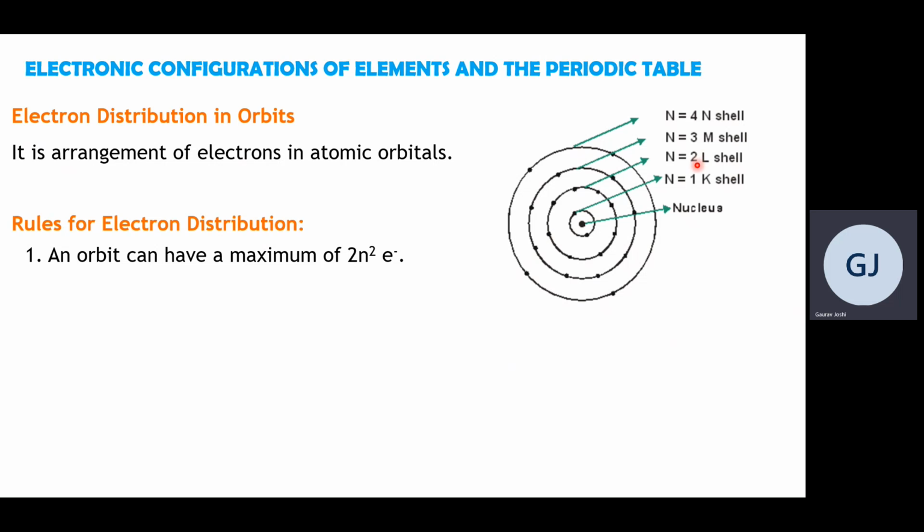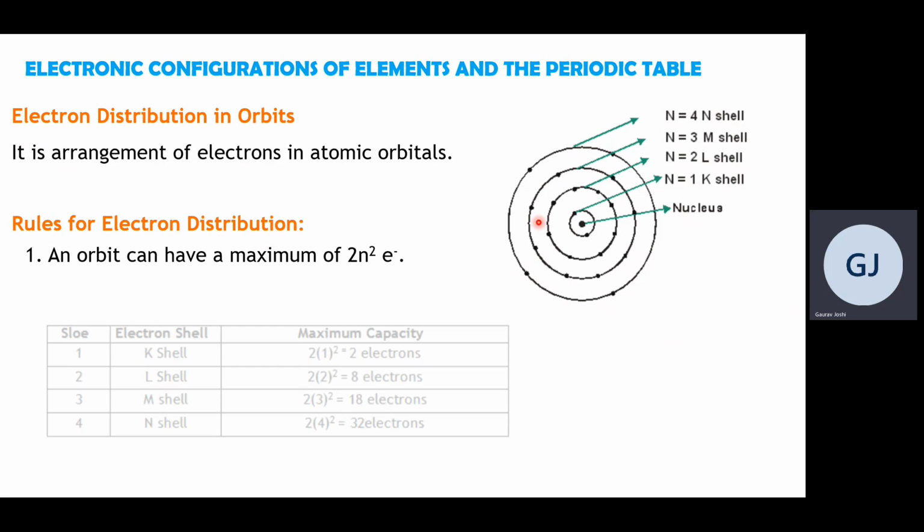For the second shell, 2 to the power of 2 is 4, 4 into 2 is 8, so the maximum number of electrons in the second shell will be 8. Then we have the third shell.